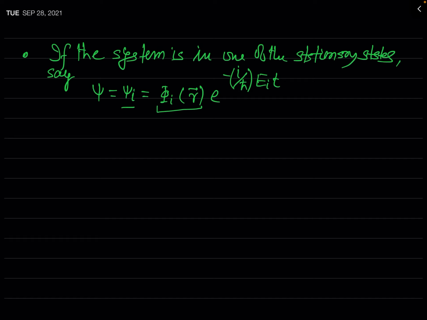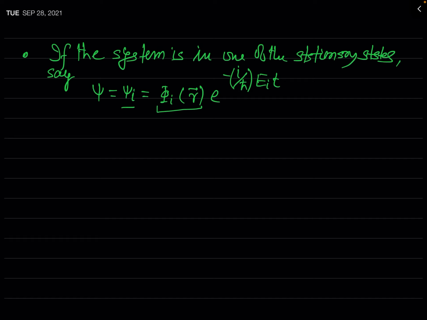So if you consider this stationary state, then let us try to find what will be the value of d/dt of the expectation value of A. So in this condition you will see what will be its value.